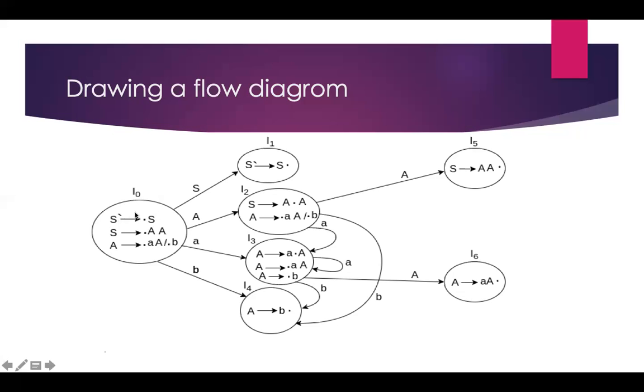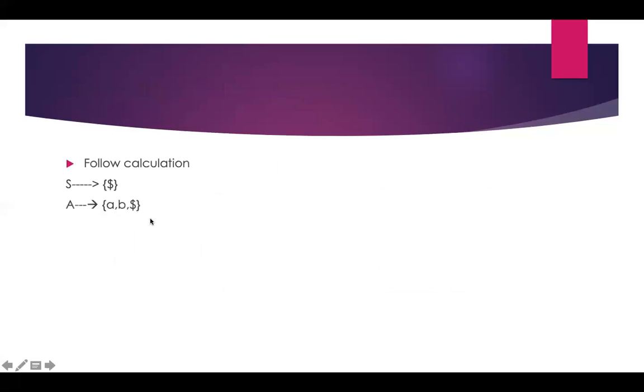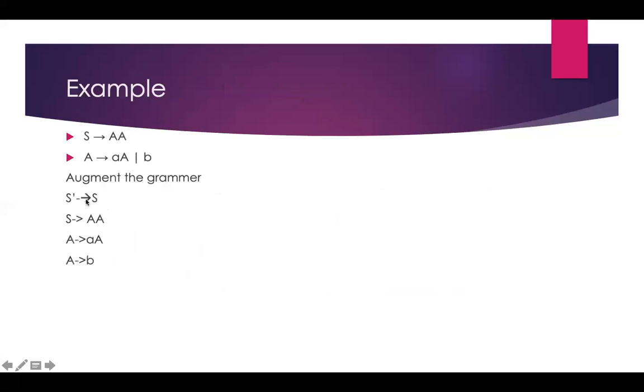So what are the grammar rules? S dash tends to S. Here before S I inserted one dot. After the dot, if you are getting a variable, that is a non-terminal, again we need to expand that one also. Here using the pen I will explain it.